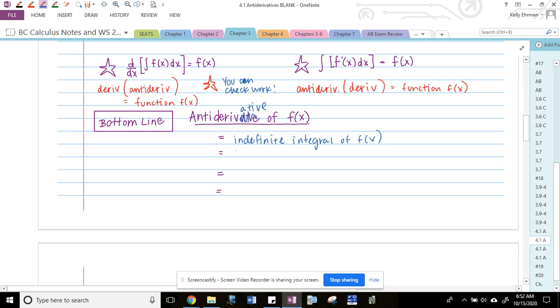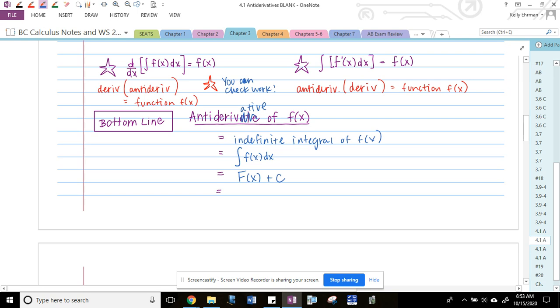Or if I don't write that out in words, it would look like this, the indefinite integral symbol of f of x with respect to x, f of x dx. Or if I actually get an equation for that integral, like I take the integral and come up with something, that's my capital F of x plus c.